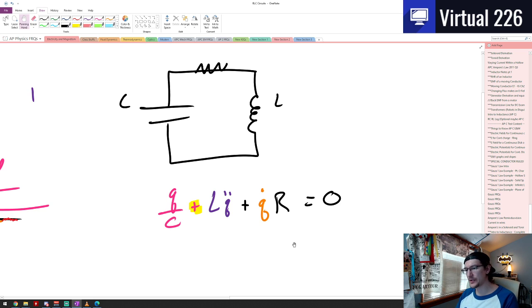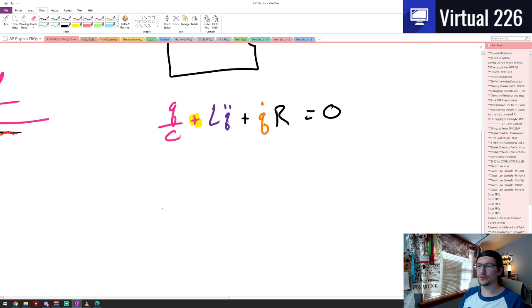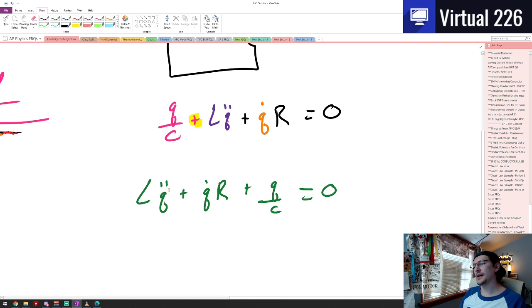And when we do this, we now have an equation that looks like this. We have LQ double dot plus QR plus Q over C equals 0. Because we have the second derivative, we have the first derivative, and we have the original function itself, this is a second order differential equation. These are tricky to solve, okay?